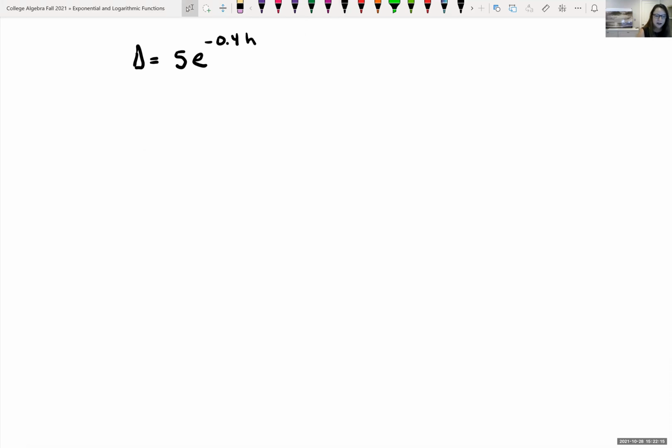We wanted to find out how many milligrams were in the bloodstream after 1 hour, so when h equals 1. And we also want to see what's happening after 6 hours. So this is basically just a calculator exercise. We're going to plug in 1 wherever we see an h.